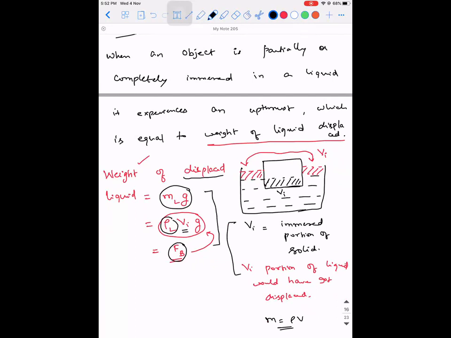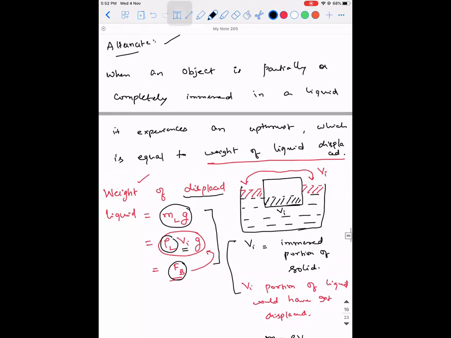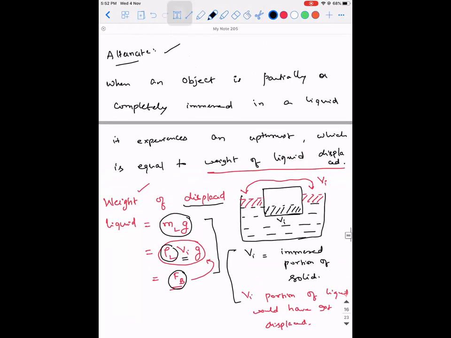You concentrate only on this particular part. V is some other variable. You don't concentrate on variables. You should concentrate on the context. In this context, Vi means volume of immersed portion. I never introduced the term V at all, sir. G is acceleration due to gravity. Weight is mg, no. G is acceleration due to gravity, 9.8.